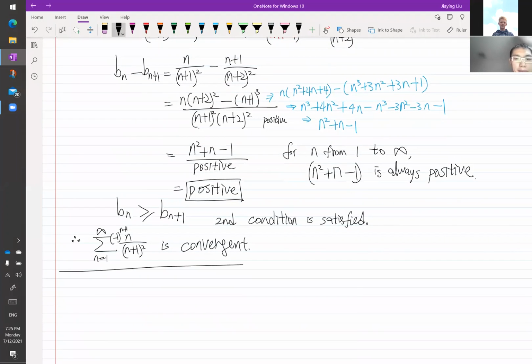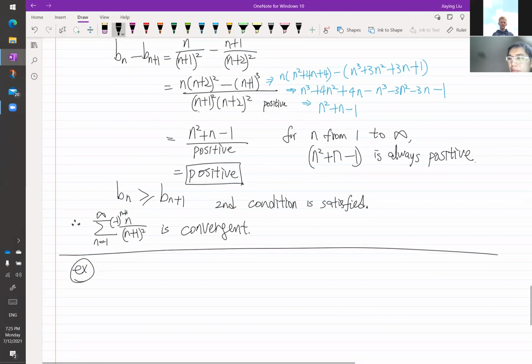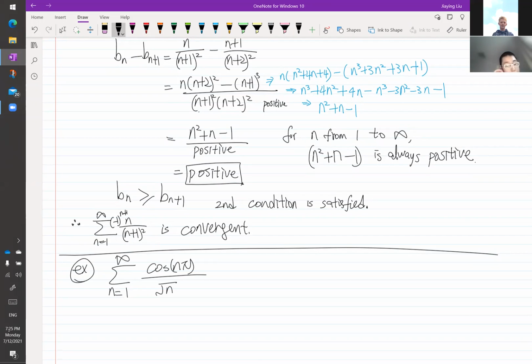All right, the next example I have is the series cosine n pi over square root of n, for n going from 1 to infinity. So this one looks like the series is not alternating because it doesn't have negative 1 to a power, right?